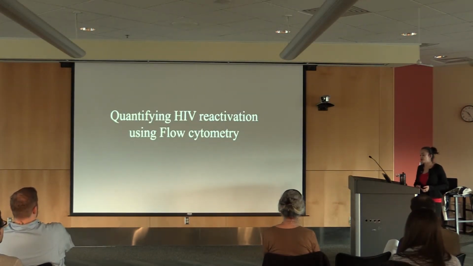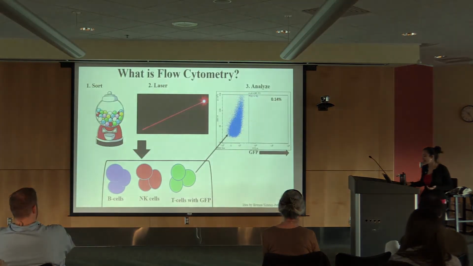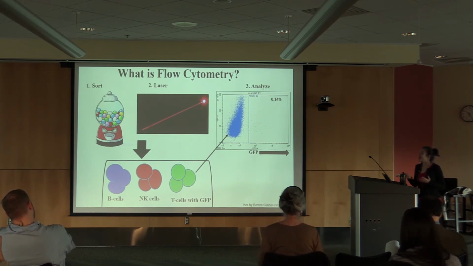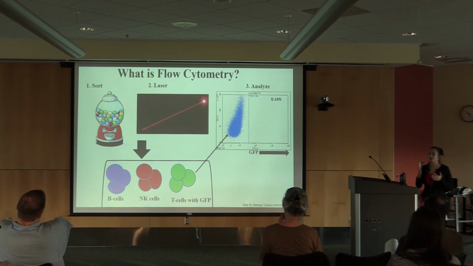So we used flow cytometry in order to quantify HIV reactivation. And just to go over what flow cytometry is, I borrowed this idea from Brenna Simons. So picture a gumball machine. You have a whole bunch of different colors, and picture each one of those colors being a different cell type.